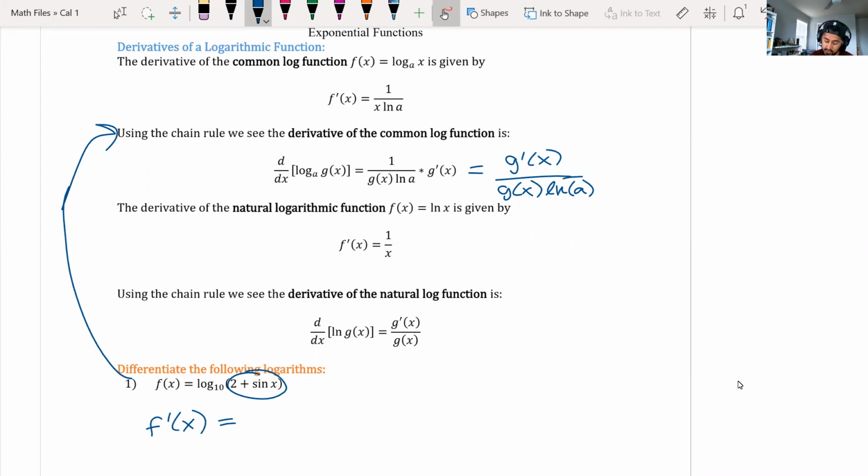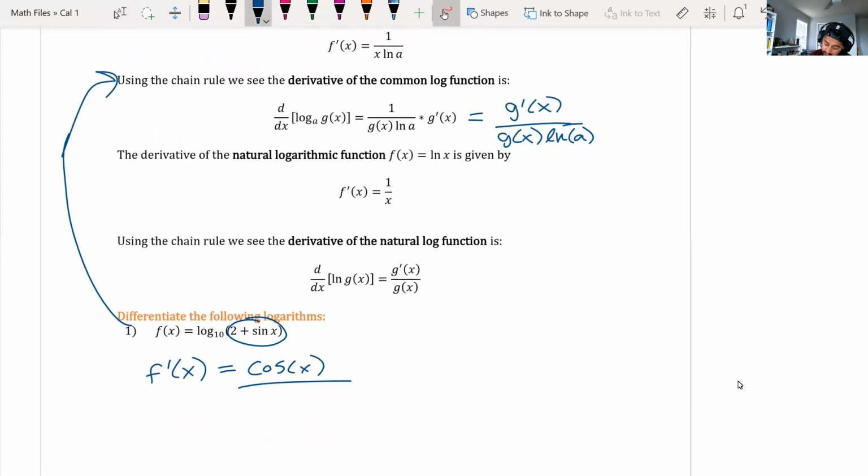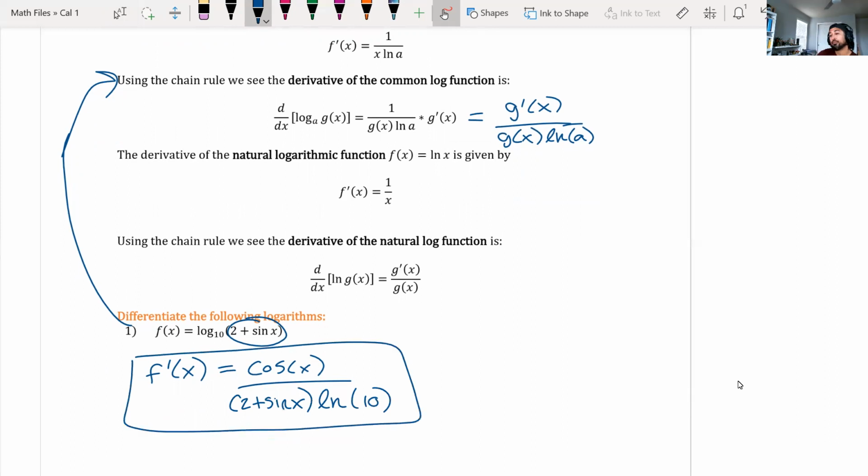Just cosine x. And you put it over the original inside times the natural log of the base. So 2 plus sine x times the natural log of 10. There you go. That's it.